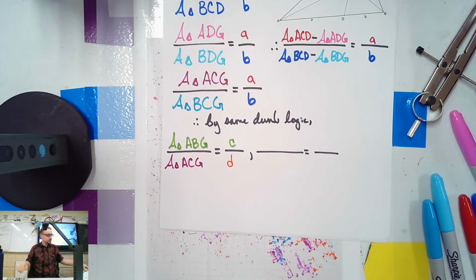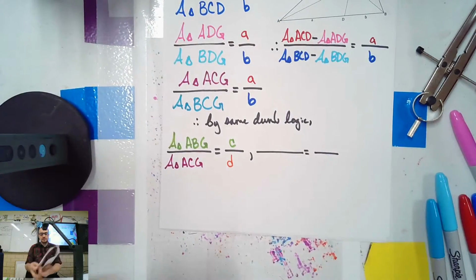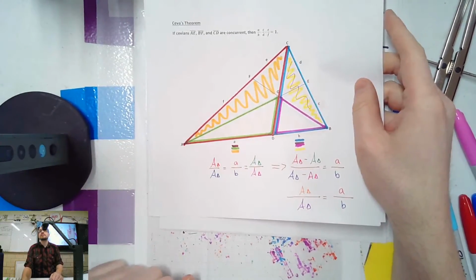The reason I use the same color here is because it's the same triangle. This triangle is the same triangle we used earlier for this, right?